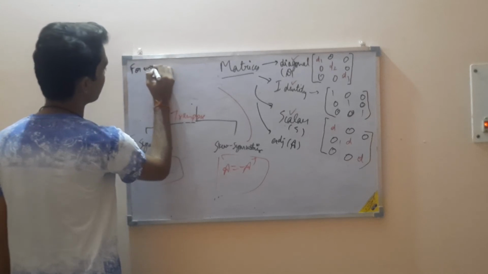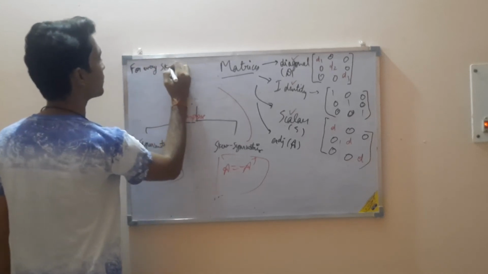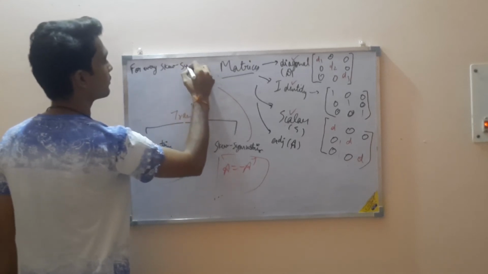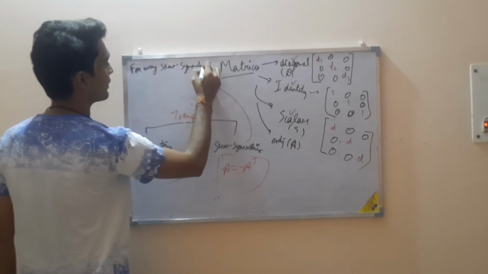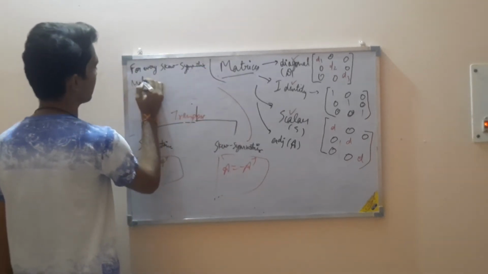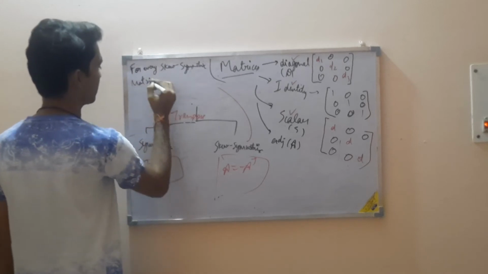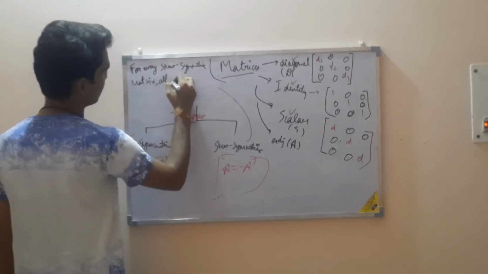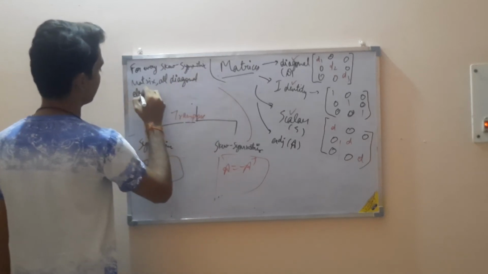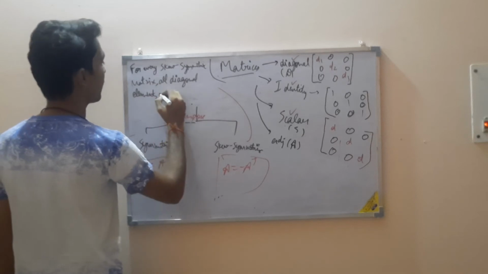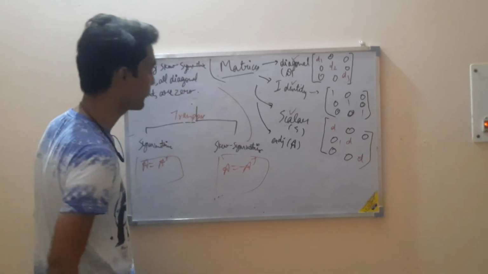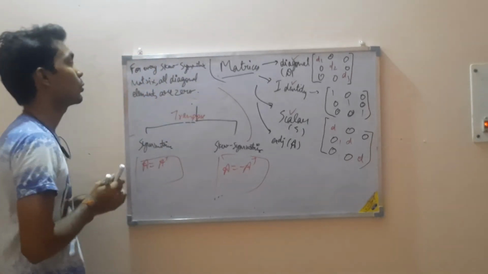For every skew symmetric matrix, all diagonal elements are 0.